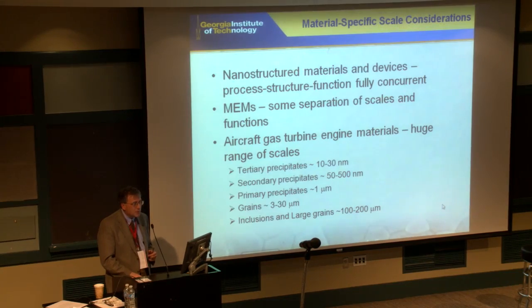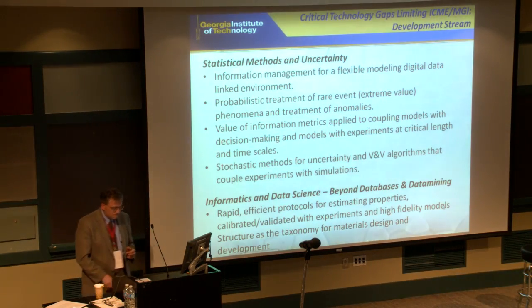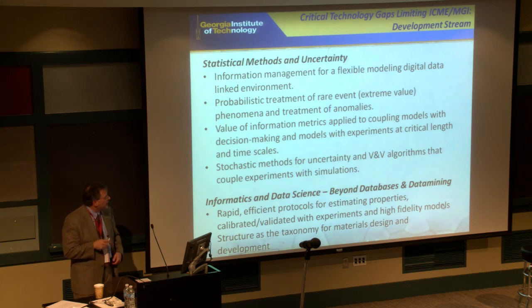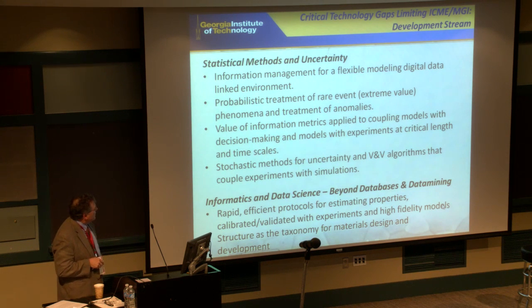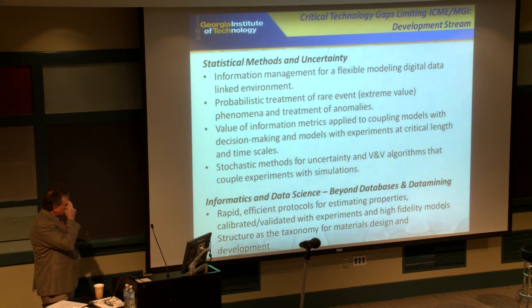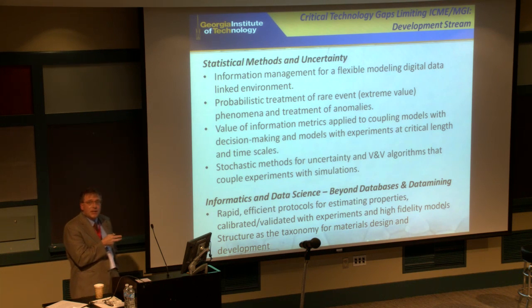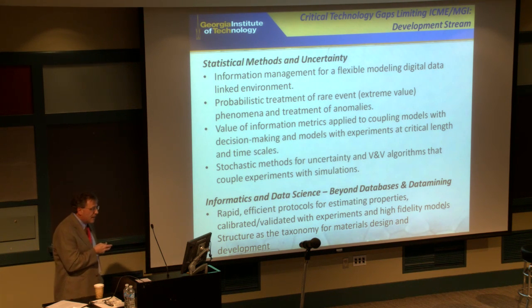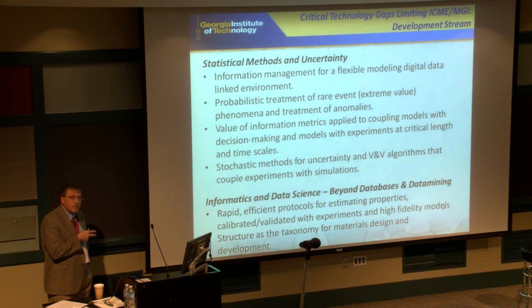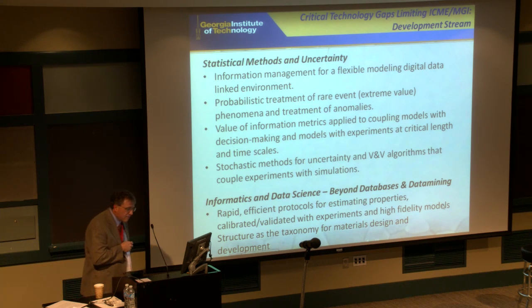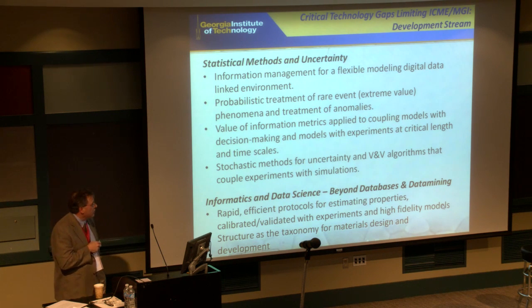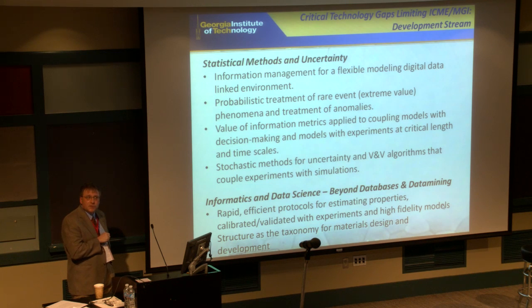I was going to show here some link to actual microstructures for validation. But two final areas that I want to point to: statistical methods and uncertainty. Really, the uncertainty is a core issue, and the way we deal with that is using extended Taguchi design types of procedures, where we're looking for insensitivity to variability, and we're also looking to minimize upper and lower bounds of computed properties.